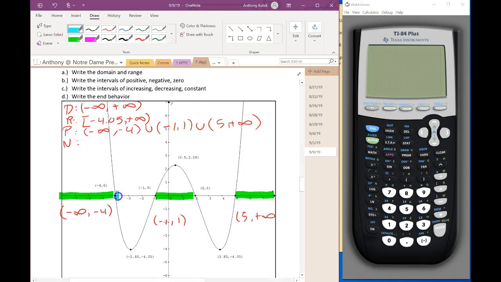So we're negative from here to here and from here to here. So I have negative 4 to negative 1, and then 2 to 5. Those are the parts of the graph that are below.